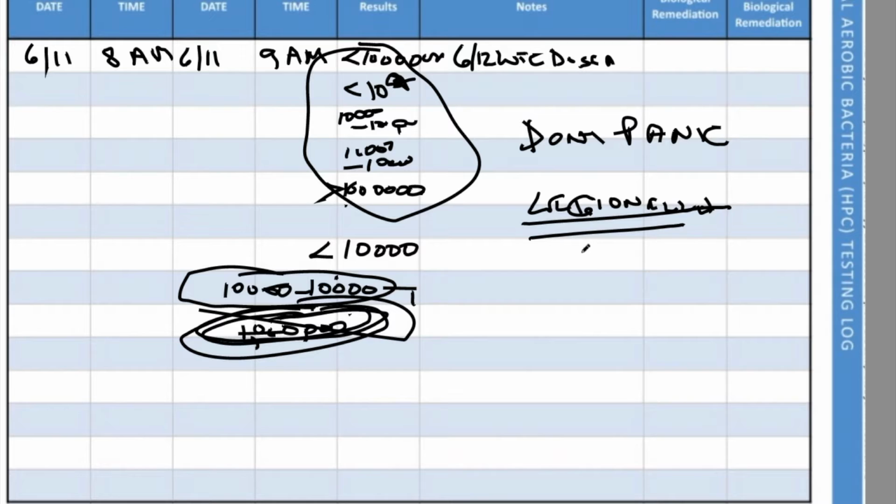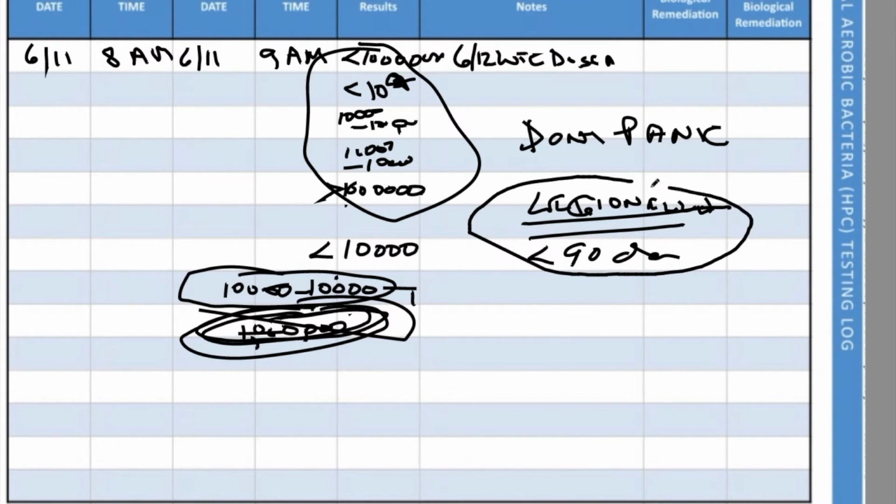You're doing Legionella testing every 90 days or less than every 90 days, right? And that's really your gold standard for whether or not you have a Legionella issue. This just means that you have a little bit extra work to do in order to deal with a high bacteria count.